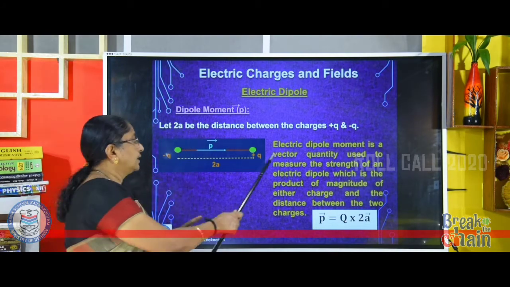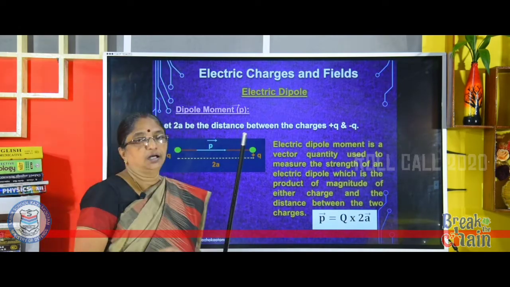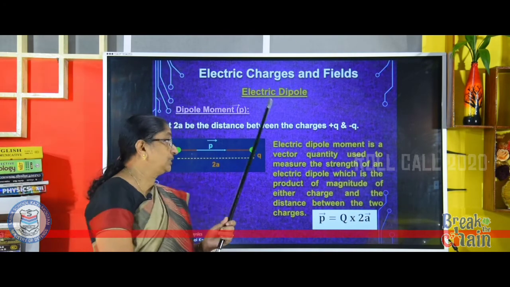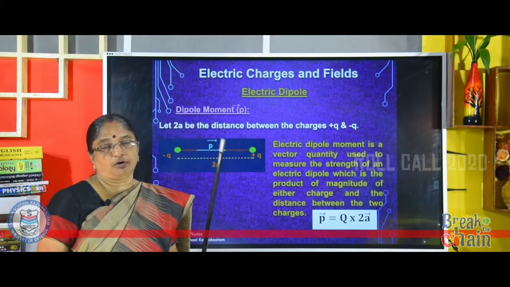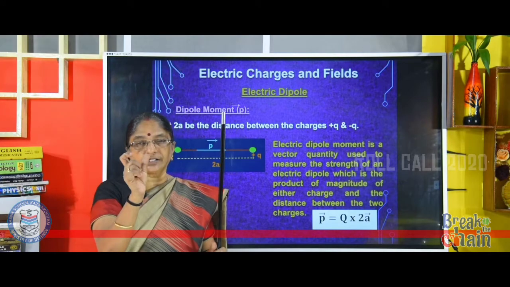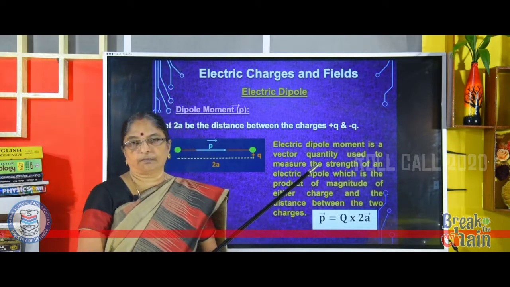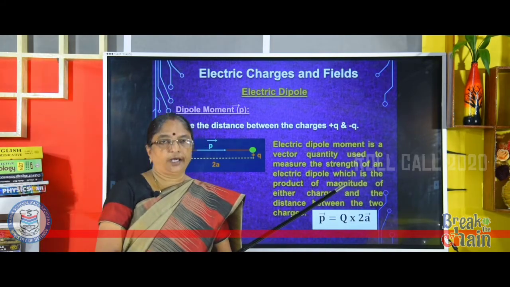So, electric dipole moment is a vector quantity which gives the strength of the dipole, and the strength can be written by an equation like this. It is the product of either one of the charges and the distance between the two. So, vector p is equal to q into 2a.